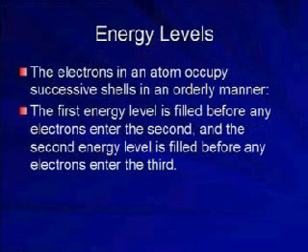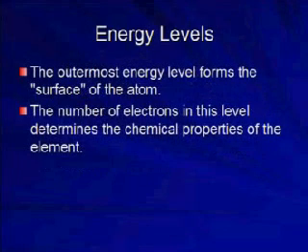The electrons in an atom occupy successive shells in an orderly manner. The first energy level is filled before any electron can enter the second, and the second energy level is filled before any electrons can enter the third. The outermost energy level forms the surface of the atom. The number of electrons in this level determines the chemical properties of the element.